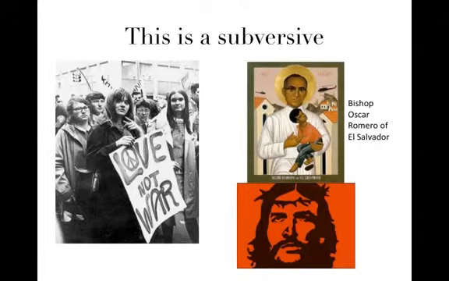His argument, which is part of the theology of liberation, very much sees the message of Christ as the goal, the ideal of what the church should do, helping the poor, not helping to sustain the status quo. Under the definitions of what a subversive is, Jesus Christ, hippies who were peace-loving, and the Bishop of El Salvador would be considered subversives.